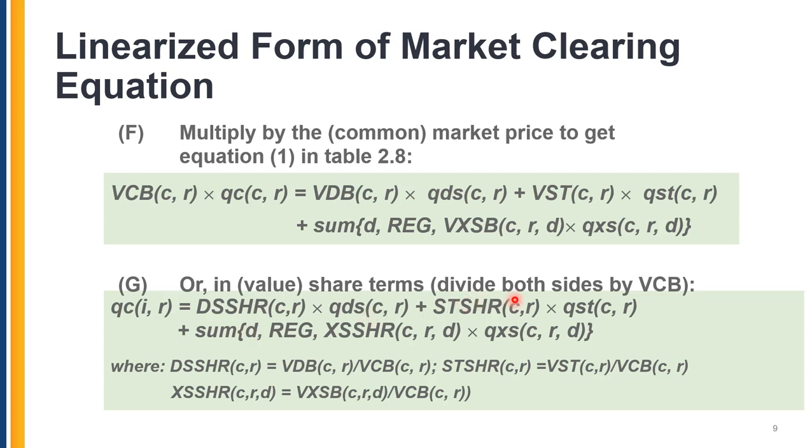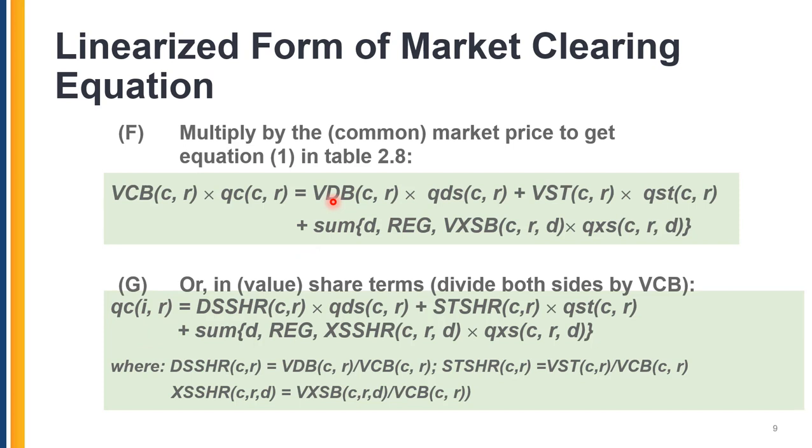And then finally, to get to the share term of the equation, we'll divide everywhere by VCB. When we divide by VCB on this side, we end up with a 1, and so it's gone. The left-hand side is just going to be the percentage change in the quantity supplied.